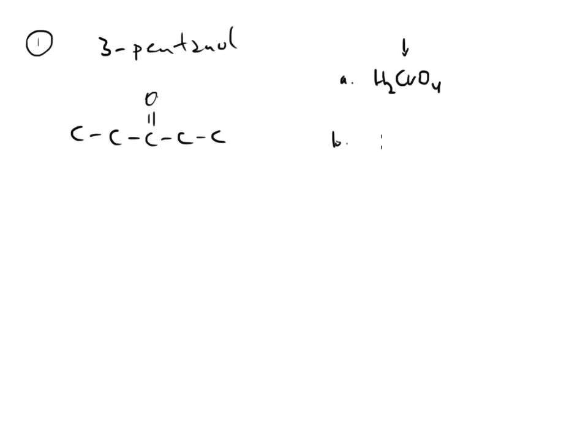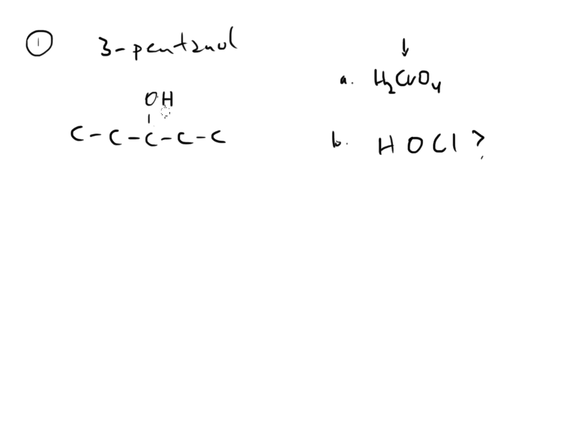Now, let's take a look at B. B says, what would happen if you added HOCl? So this is the hypochlorite version. All right, not a problem. Let's go back to the original. That's what we had. And what does hypochlorite do? It does the same thing.